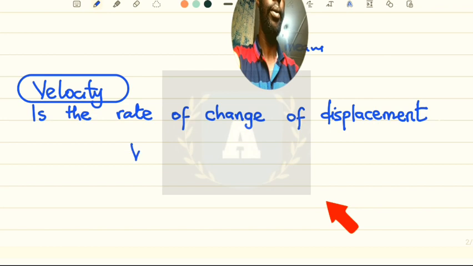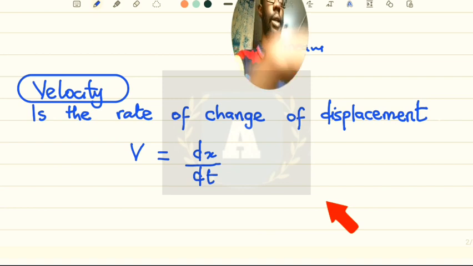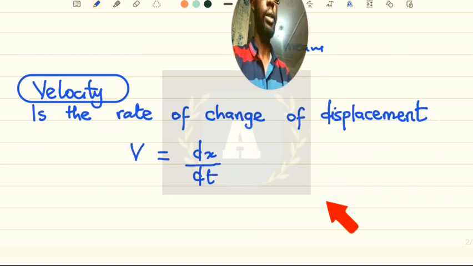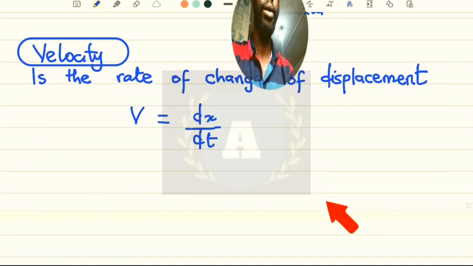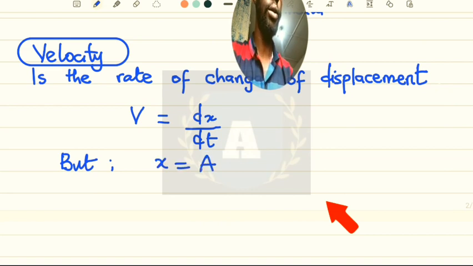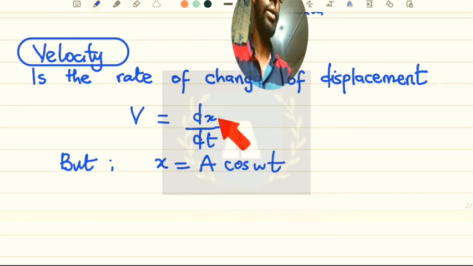We can say that velocity is equal to change in x divided by change in time, that is dx over dt. But from the above, we knew that x is equal to A cos omega t. So we can substitute our x in this equation.